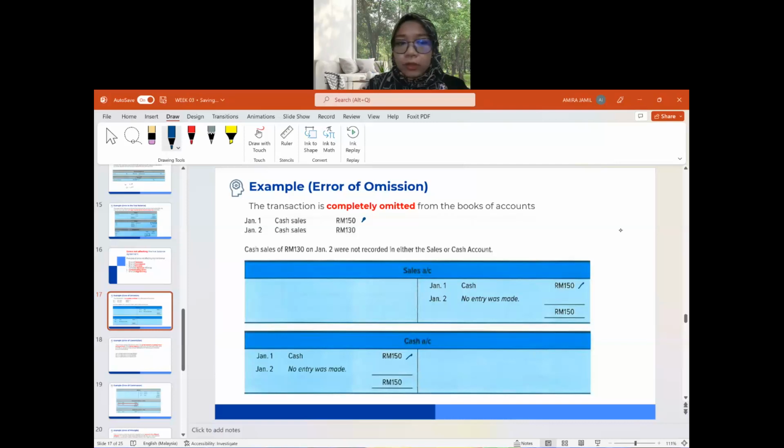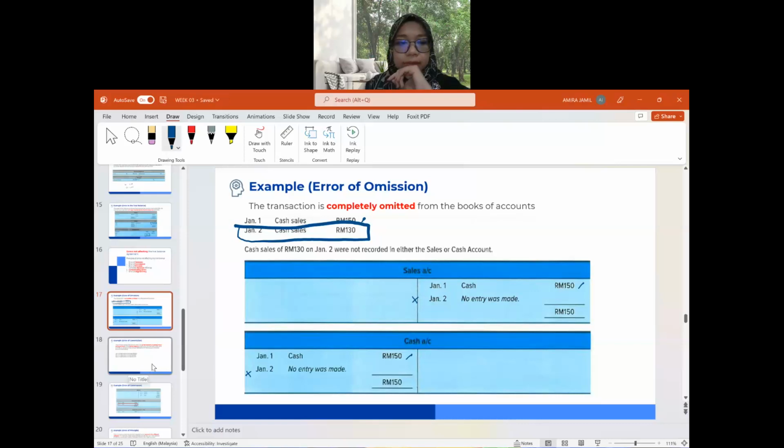But for January 2, it has been totally omitted, with no entry on either the debit or credit side. If this transaction is omitted, it will not affect the balance in the trial balance. It's totally omitted, but it's wrong.